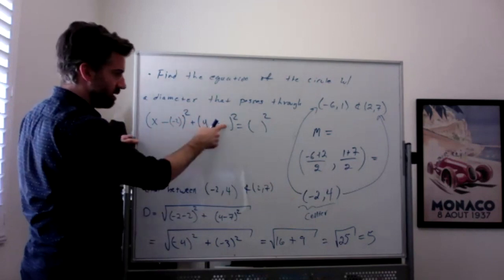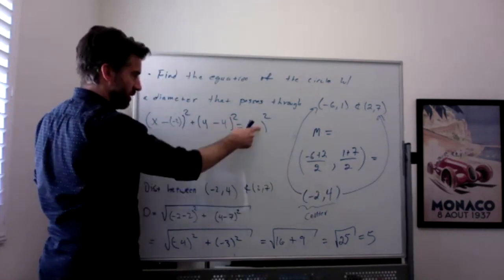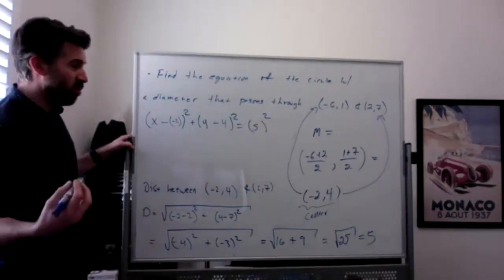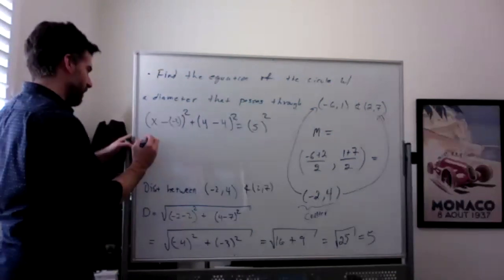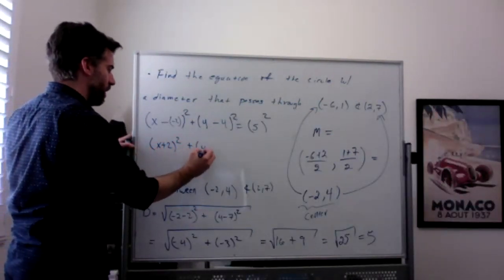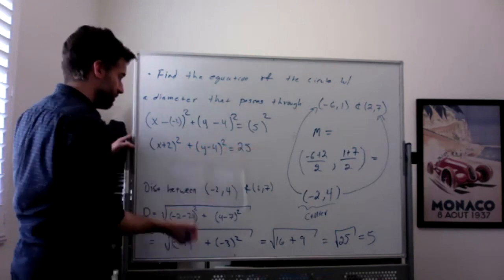The thing that goes there is the y coordinate of the center, which is +4. And the thing that goes there is the radius, which is 5. So then I would do one additional thing. I would rewrite it as (x + 2) squared plus (y - 4) squared equal to 25.